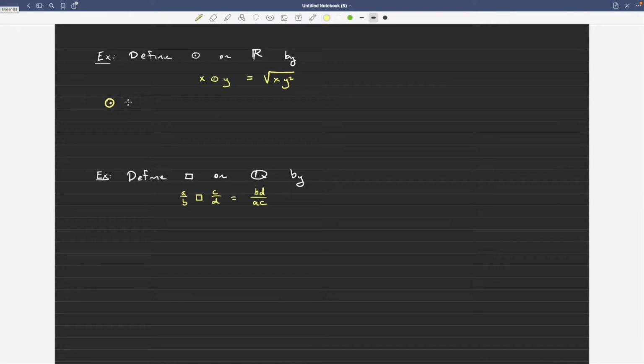Circle dot is not a binary operation because we can possibly get negatives inside the radical, but what specifically breaks? Is it a problem with the domain, or is it a problem with the range, or is it both?